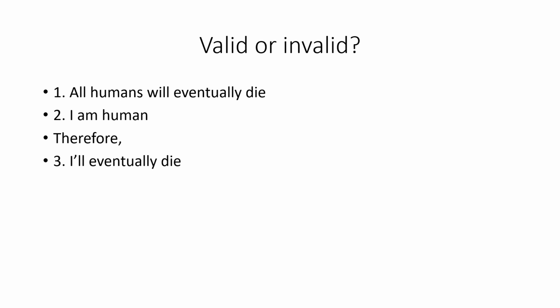So this is a valid argument, because if it's true that all humans will eventually die, it would have to be the case that if you're a human, you'll eventually die. So this is valid. It can't be any other way if those premises are true. If we tried to say that I was a robot or an angel, it wouldn't be true that I'm human.